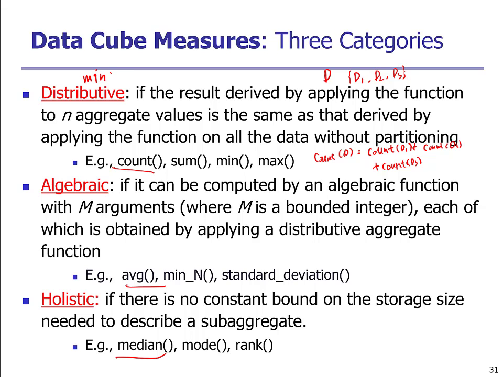For example, in this case, the minimum of D is the minimum of the minimum of D1, the minimum of D2, and the minimum of D3, right? It is meaningless if we sum these three values together.